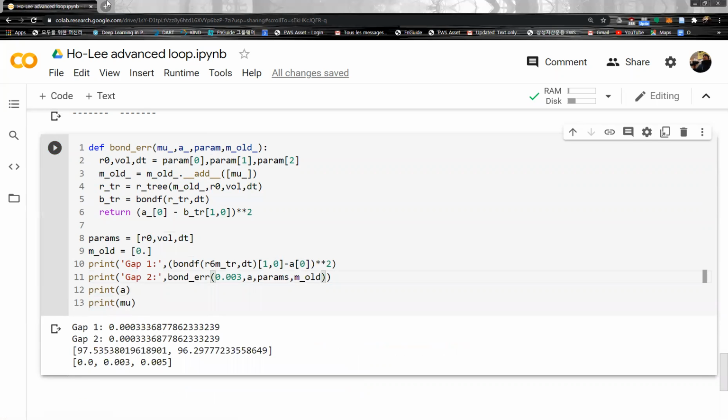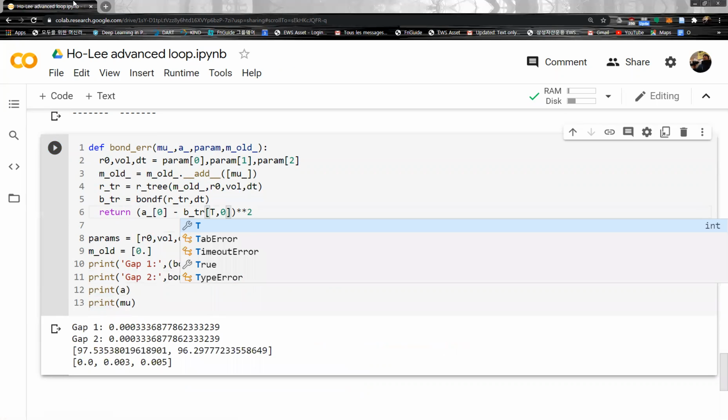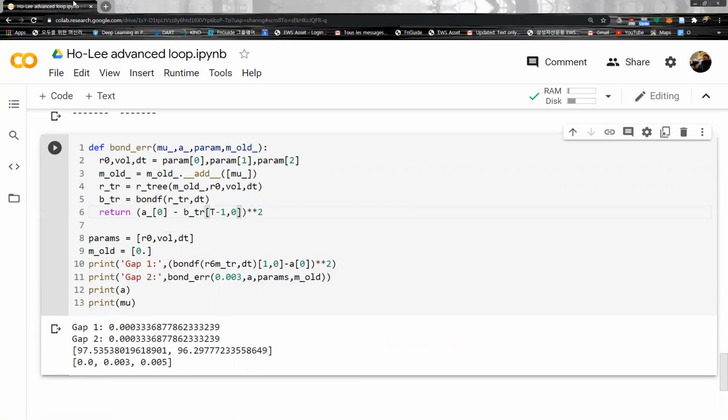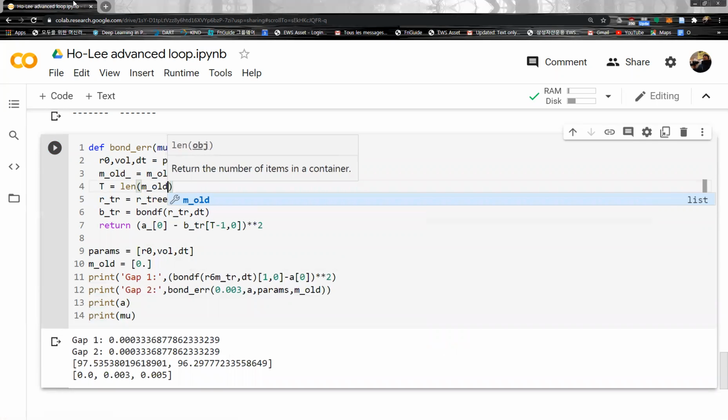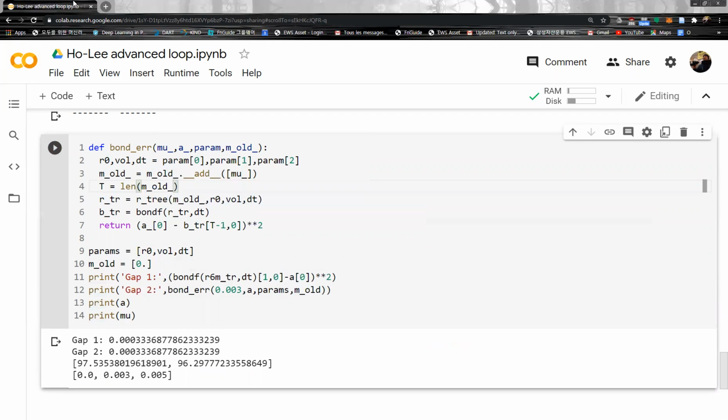Okay, but again, this 0, this is not general, so I want to make this one as t minus 1. So when t equal to, this one equals 0, and t equals, let's say, length of m old. Okay, this is fine.